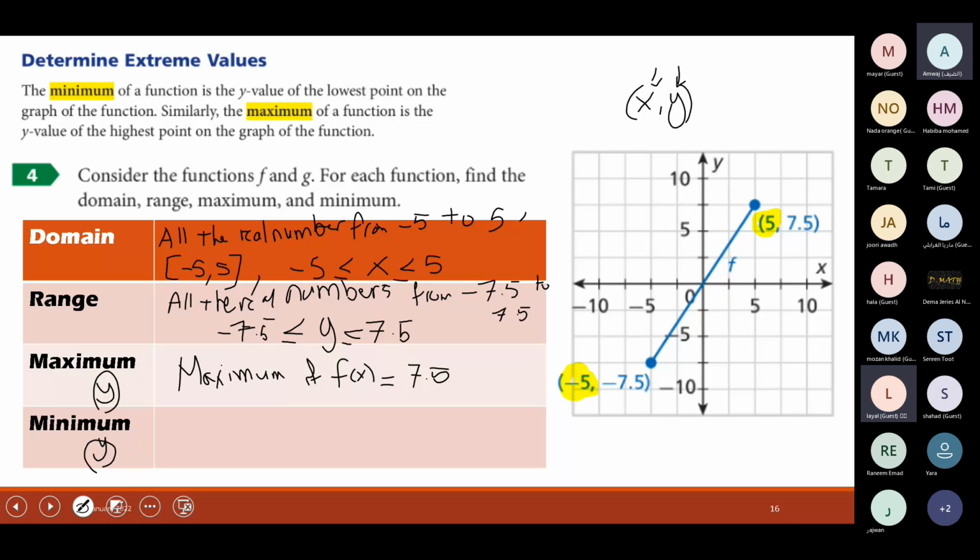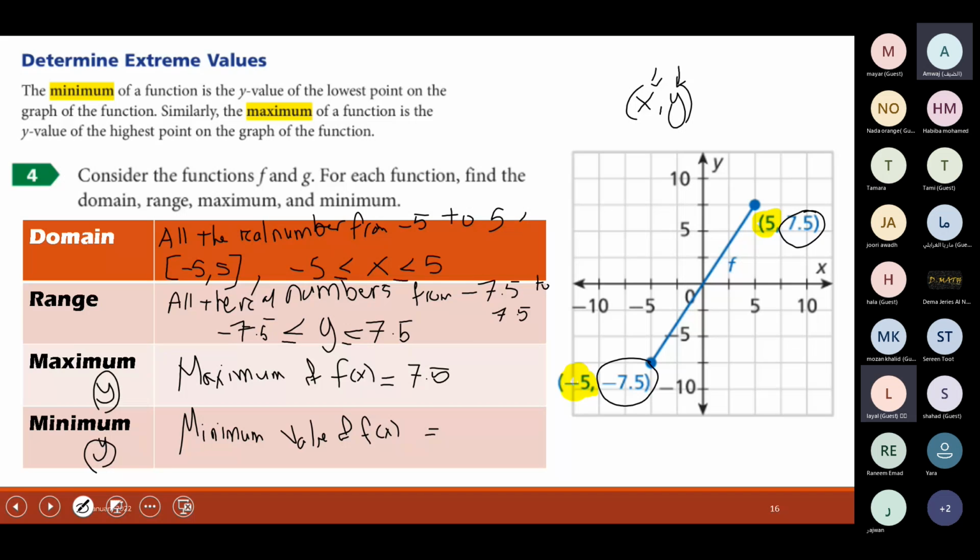Yes, Layal. Where is the minimum value of y? It is 7.5. What do you mean by the minimum? If you compare between 7.5 and negative 7.5, which one is the greatest value?